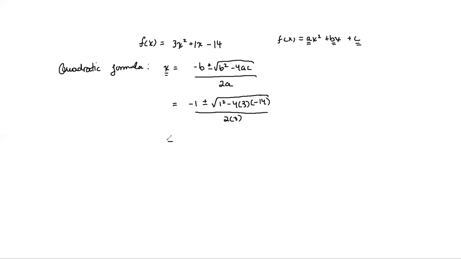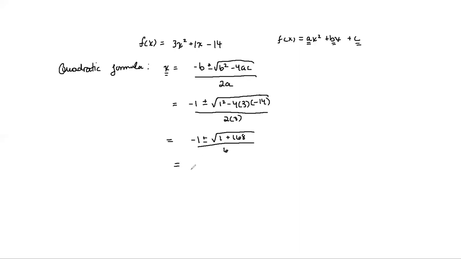So let's solve this. I have minus 1 plus or minus. Here I have the root of 1. Now minus 4 times 3 times minus 14 will actually give me 168. So I'm going to have plus 168. All this divided by 2 times 3, 6.